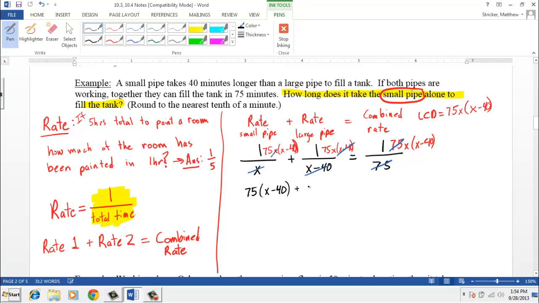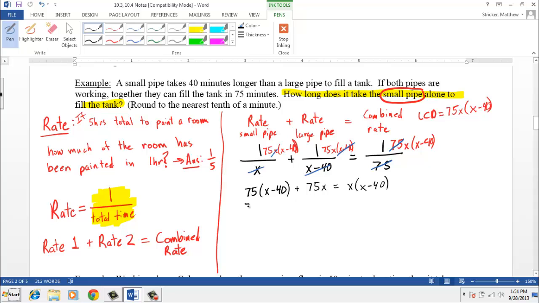In the second term, we have a 75x. And then in the last one, we have an x times x minus 40. Okay.